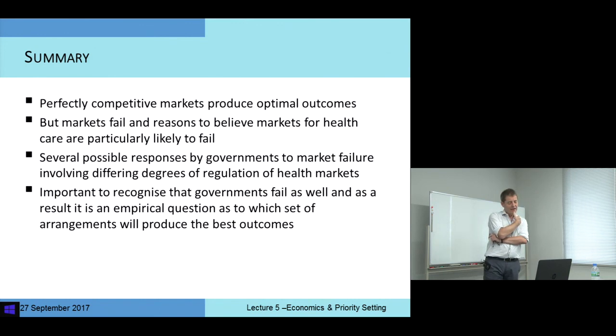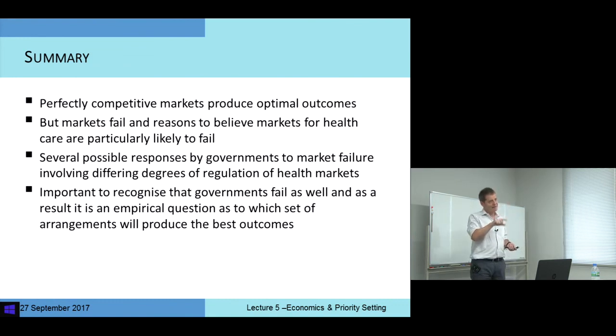I think context will come into it. There are some governments that we might trust more than others to improve situations. So it's very important not to just say, okay, I see why markets might be a bad idea, we've got to use taxes more, we've got to use subsidies, we've got to regulate, we've got to publicly provide.